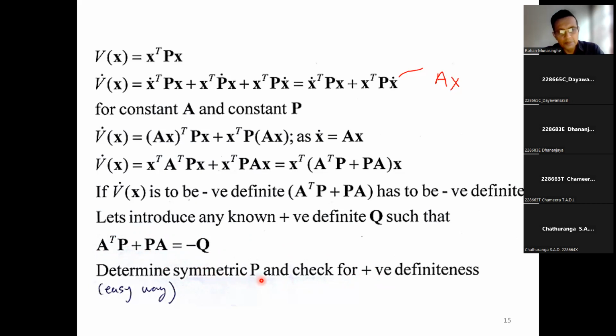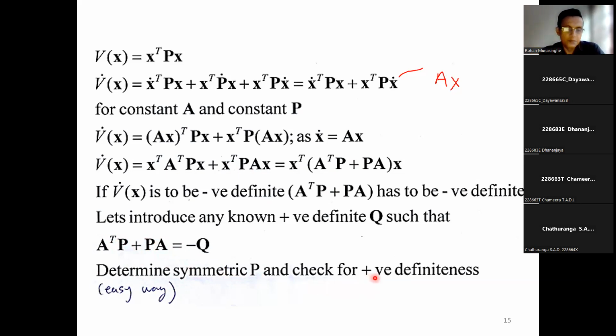So we have just a few steps. First, you find out any Q here. Put any positive definite Q and find out the P matrix over here, a symmetric P matrix, and show that it is positive definite.